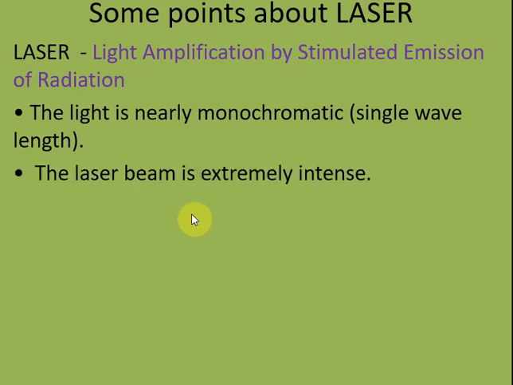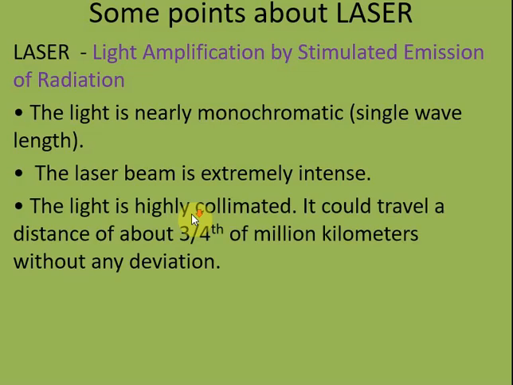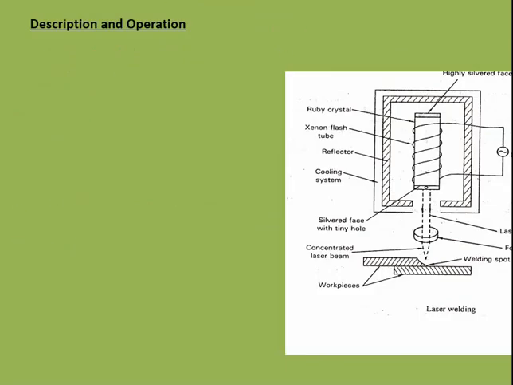It is extremely intense and it is highly collimated, that means it can travel a long distance without any deviation or reflection from any material. So it can go straight for a long distance. These are some points about a laser.